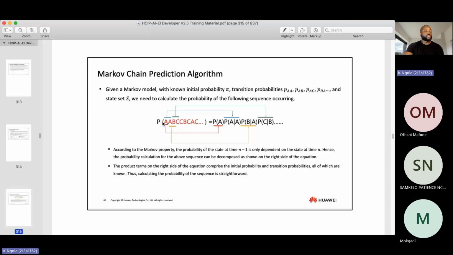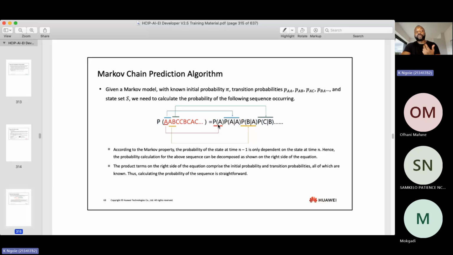Remember, this is the whole sequence that we have: AB, AA, BC, CB, CA, and so on. So we start with the probability of A, which is the initial probability, and then we multiply by the probability of moving from A to A. Let's say that probability was 0.2, which is 20%. So we multiply by that.